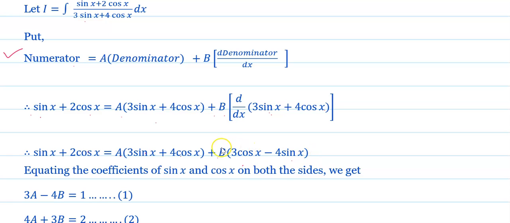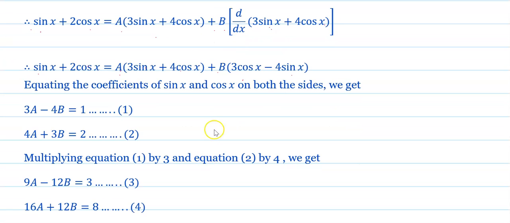Now we'll equate here the coefficients of sin x and cos x. Here it is sin x and 2 times cos x. We only need to separate terms here. I will just split up this right hand side. First, I will take the terms of sin x. What is here? 3a sin x and minus 4b sin x.